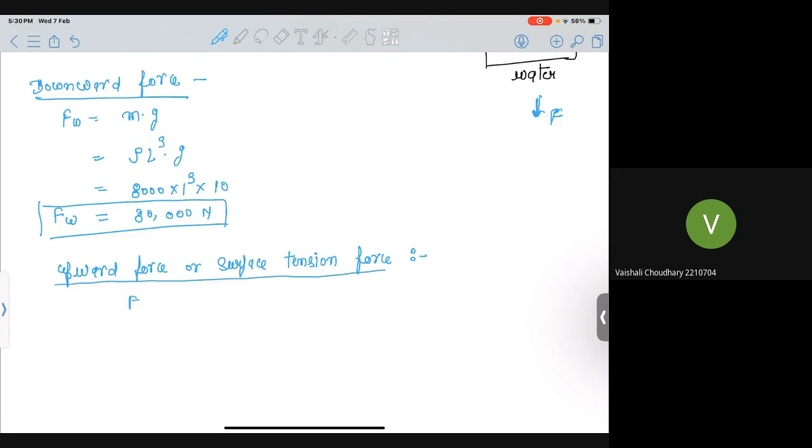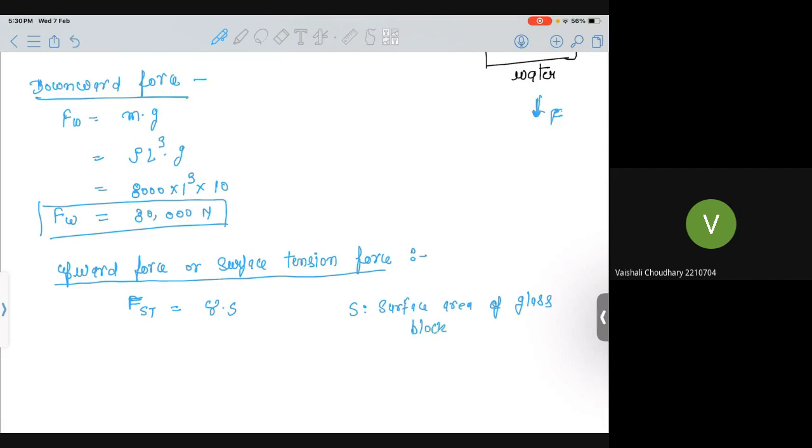We will denote it with F subscript ST, which is gamma times S, where S is the surface area of the glass block.